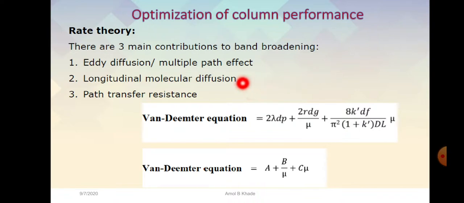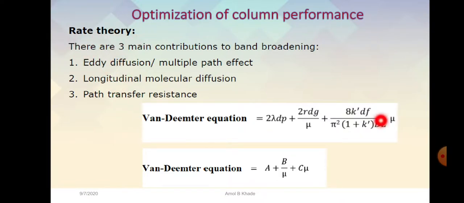Second is longitudinal molecular diffusion, and the third is resistance to mass transfer. This theory has an equation known as the Van Deemter equation, which is nothing but the contribution of these three, that is, the rate theory.